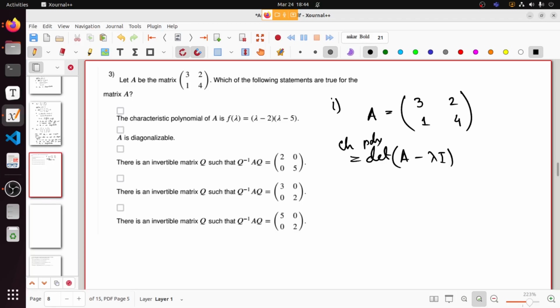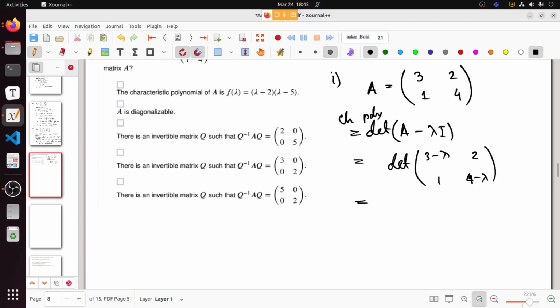So it goes to this: the determinant of [[3 minus lambda, 2], [1, 4 minus lambda]]. So what is the determinant? (3 minus lambda)(4 minus lambda) minus 2.